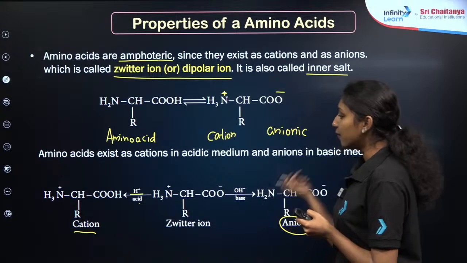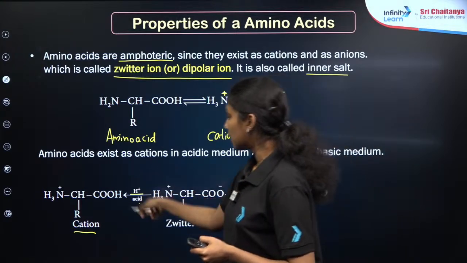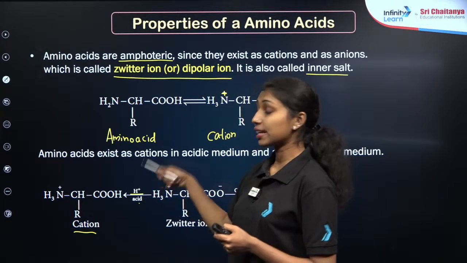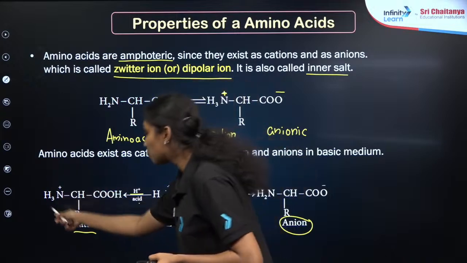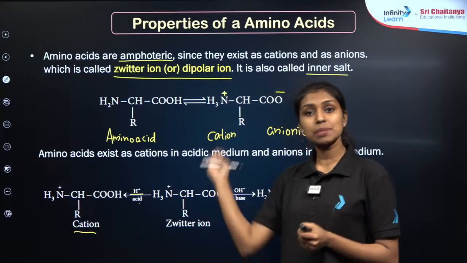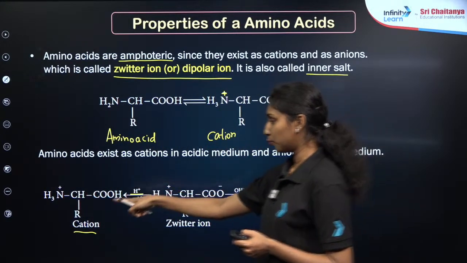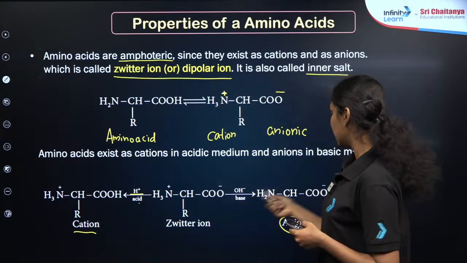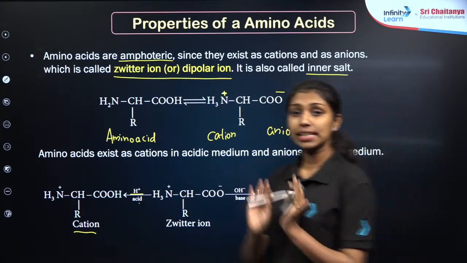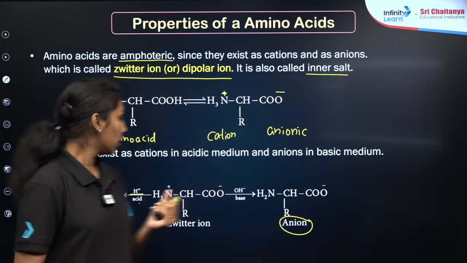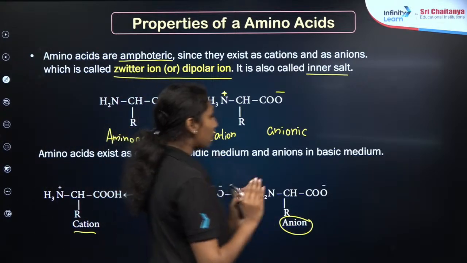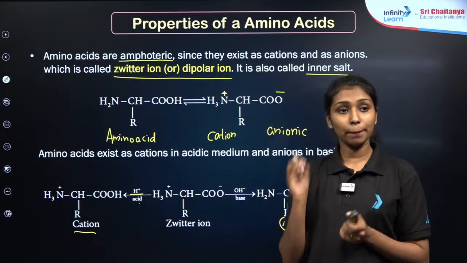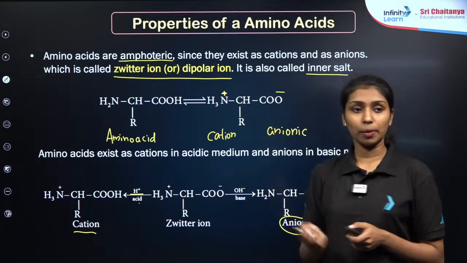As you can see here, whenever the amino acid reacts with acid, the NH2 group present in the amino acid will accept a proton to form an NH3 plus cation. Similarly, whenever it reacts with a base, it has a tendency to lose H plus ions to form an anion. So, this property is known as the zwitterion property. This is very important in the properties of amino acids.